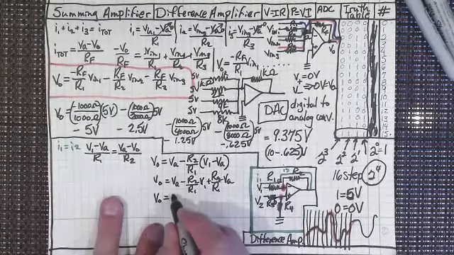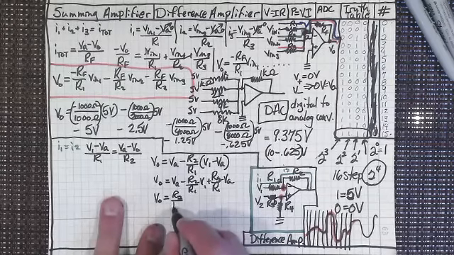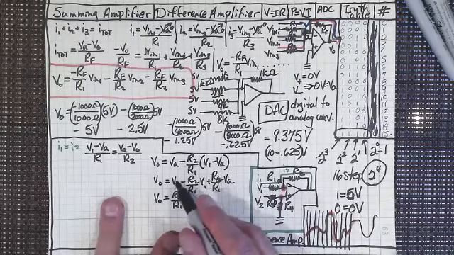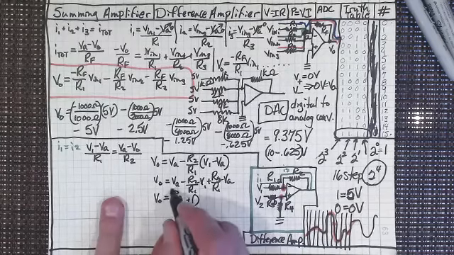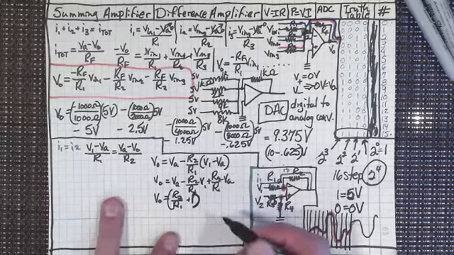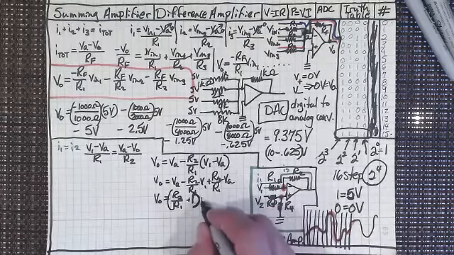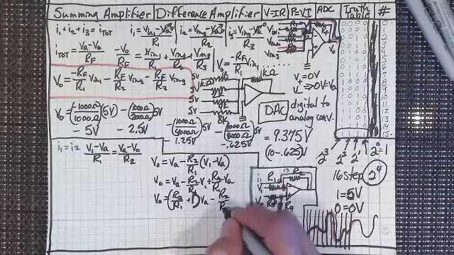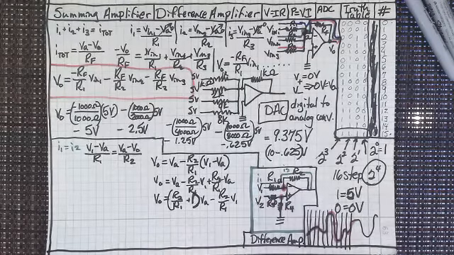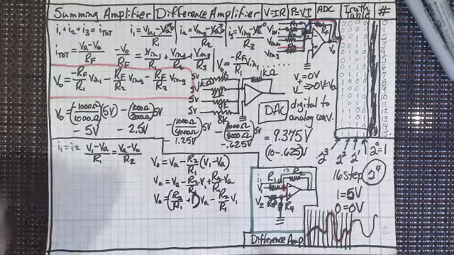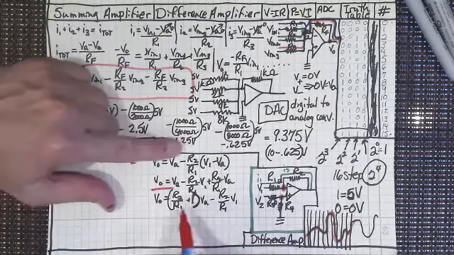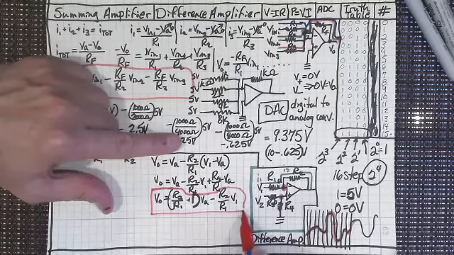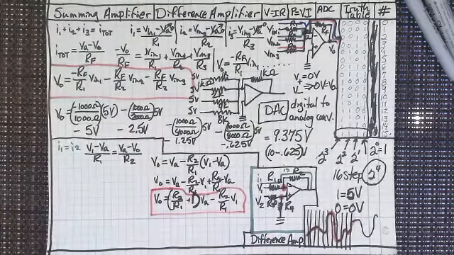So I'm going to have R2 over R1, and I've got a plus 1 here too, in parentheses, times V sub A, and then minus R2 over R1 times V1. All right, let's circle that because we're going to come back to it later on.